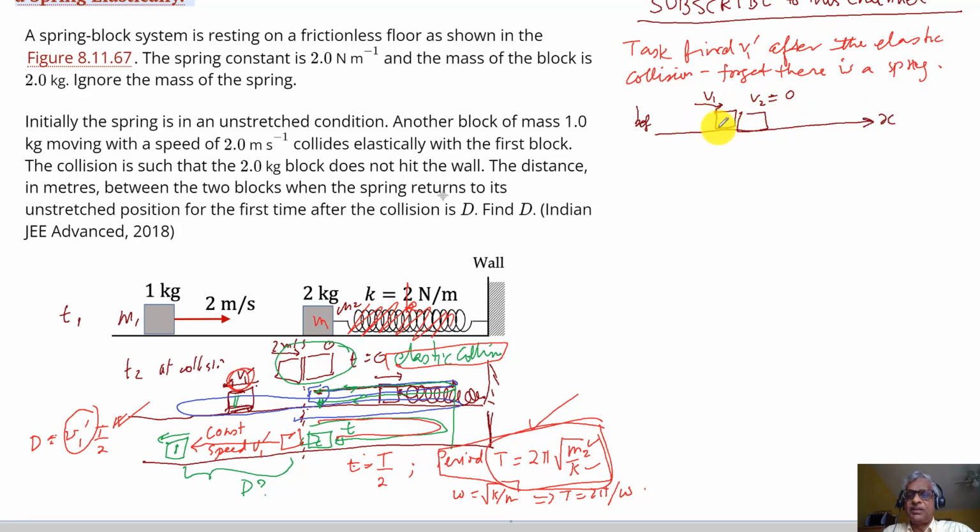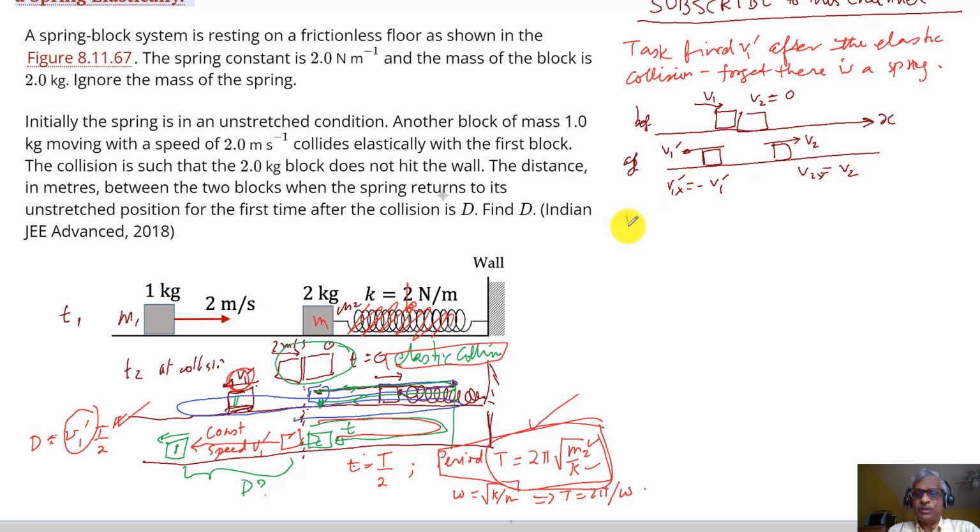After the collision, this speed is v1 prime this way, so v1x prime is minus v1 prime. This is minus because of the coordinate, and v2 is some v2 prime.